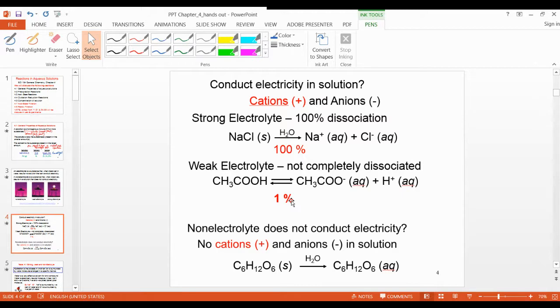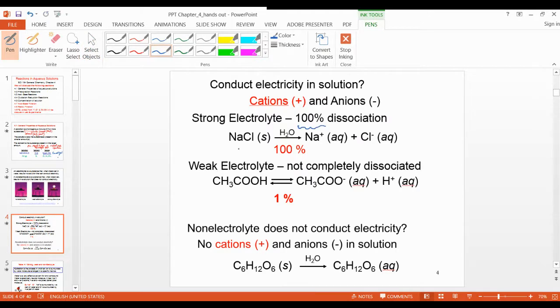Two types of ions are present in a solution, and because of that you will get light. So strong electrolytes are those electrolytes which dissociate 100%. I will show 100% dissociation like this here.